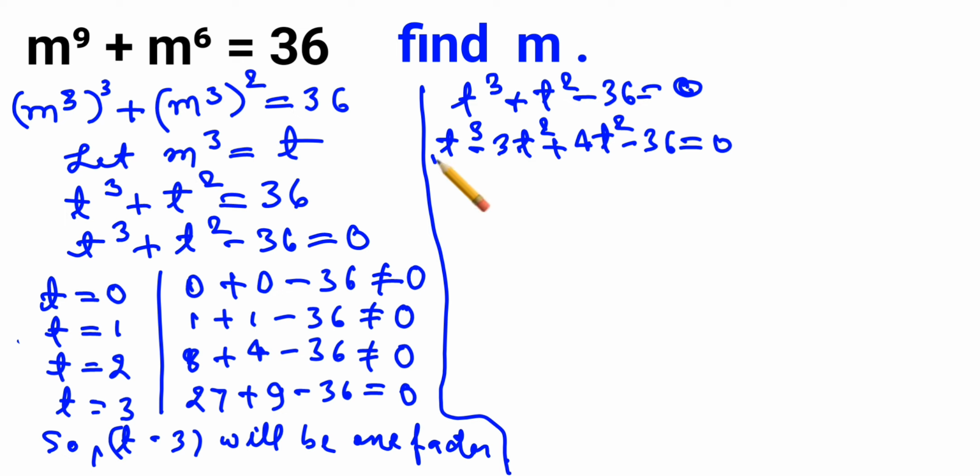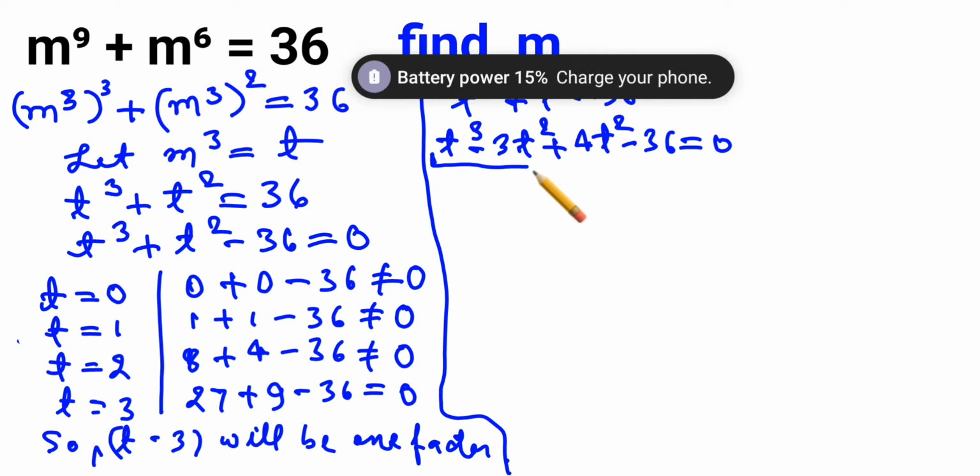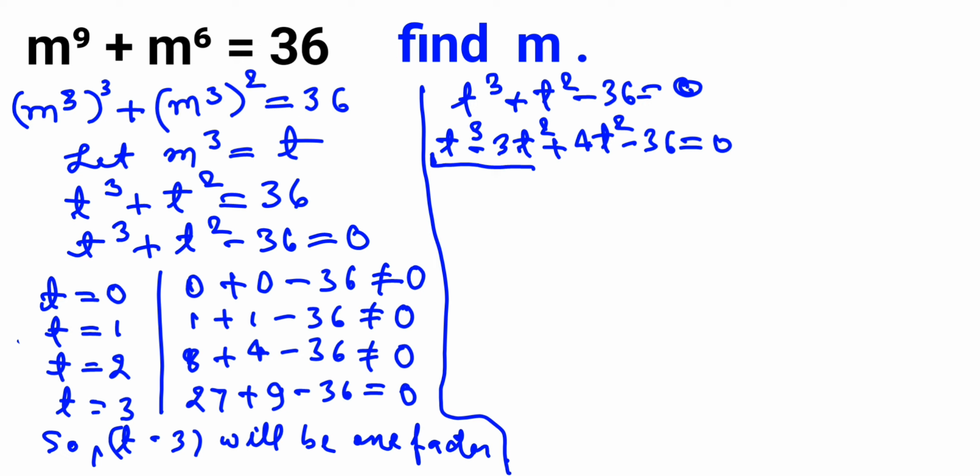Then t cube minus 3t square, taking t square as common, gives t square times (t minus 3), then plus 4t square minus 36 is equal to 0.